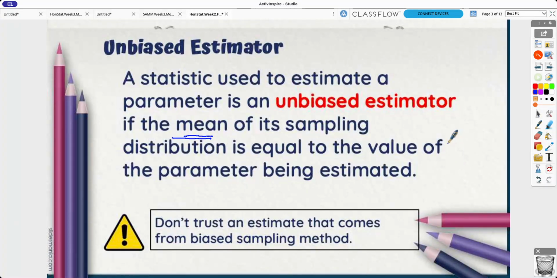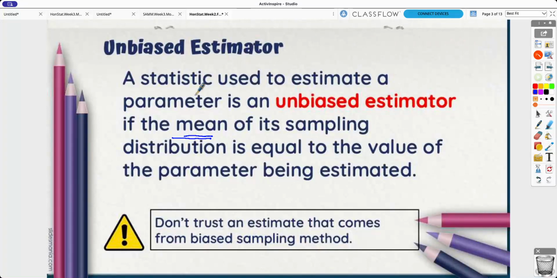So, in other words, we take the sampling distribution of, say, the standard deviation. So the statistic is the standard deviation. The parameter is the population standard deviation. So we want to know if the standard deviation of the sample is an unbiased estimator of the population standard deviation.